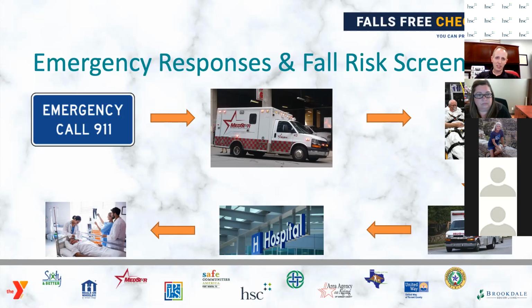Someone becomes sick or injured, and then they react and they call 911. And then based upon that 911 call, MedStar is going to react and send an ambulance. And then when the paramedic arrives at the house, they're going to react and provide the appropriate treatment depending on that patient's signs or symptoms. And typically those encounters are going to result in a ride to the hospital in the ambulance.